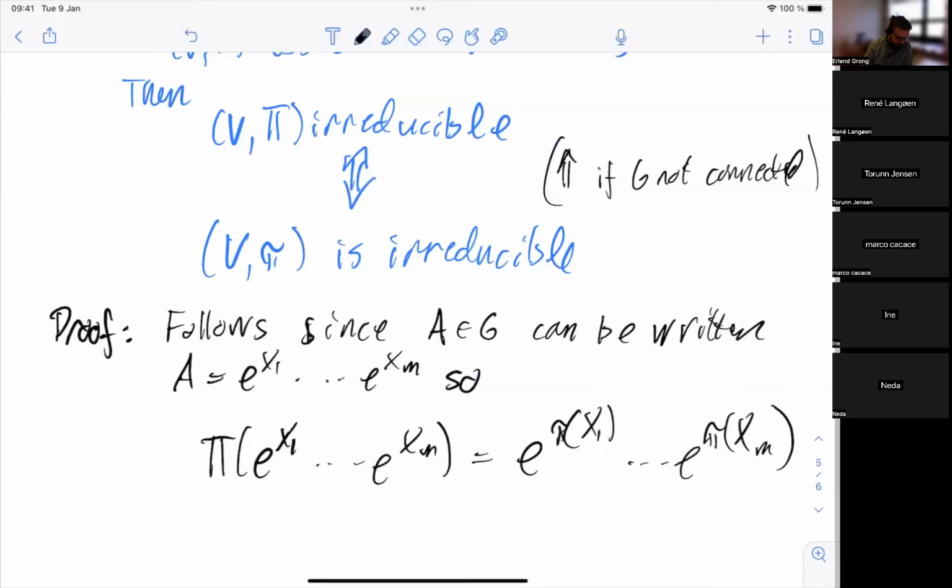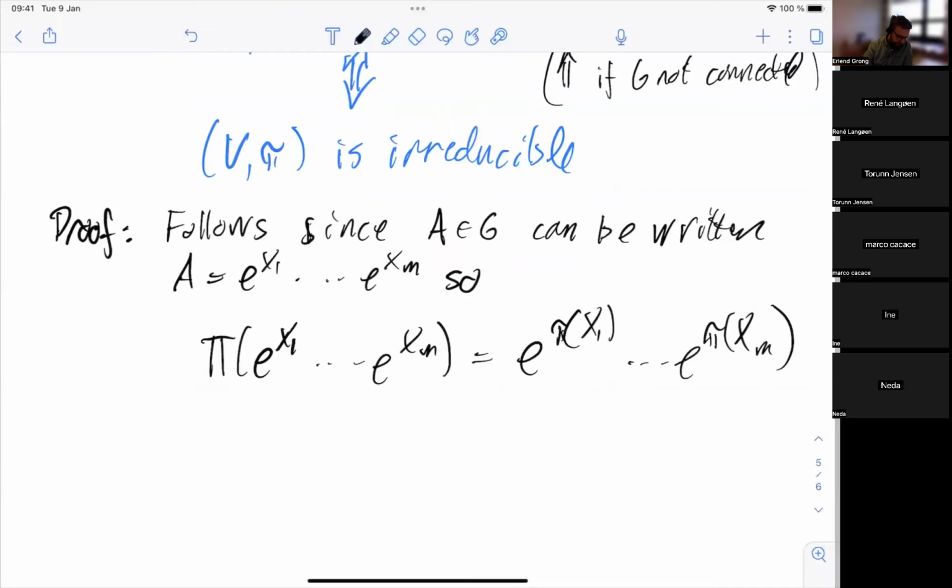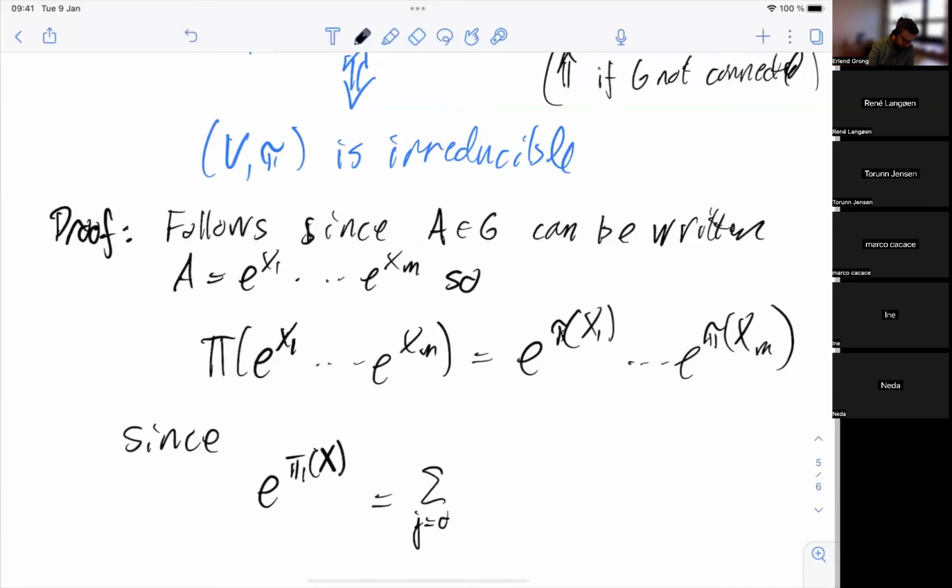And that means that e to the pi of x is the sum, j equals 0 to infinity, of pi of x to the power j over j factorial.